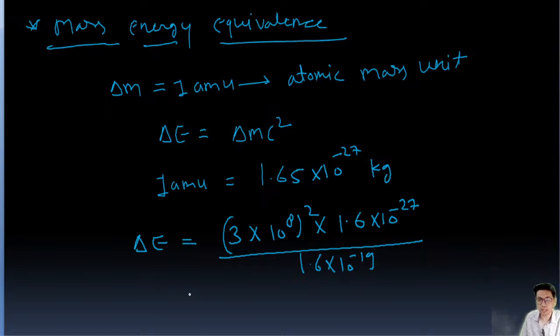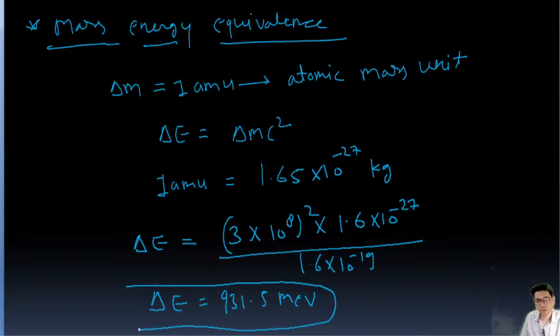If we calculate it, delta E is 931.5 MeV. So if delta M equal to 1 AMU, atomic mass unit, then delta E value is 931.5 MeV.